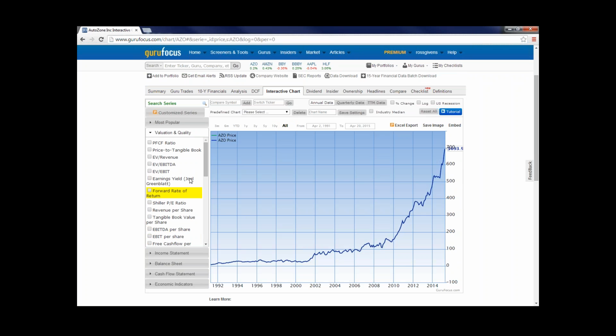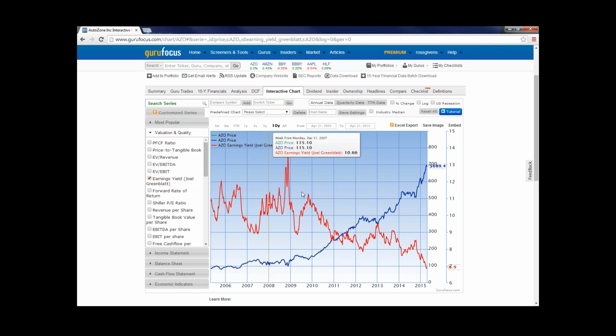So if you're a student of Joel Greenblatt's method, we can pretty quickly get an idea of the earnings yield of this stock over time, and we see that as prices increased, that yield is dragged down, but it's still a fantastic yield based on what else you can get in the market, right?